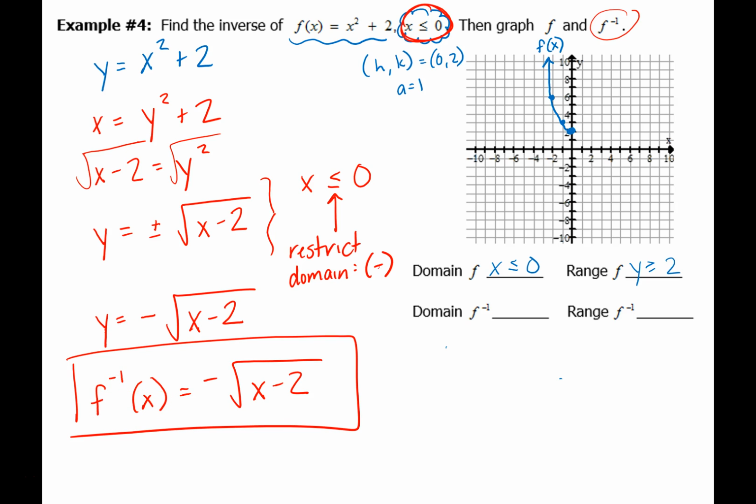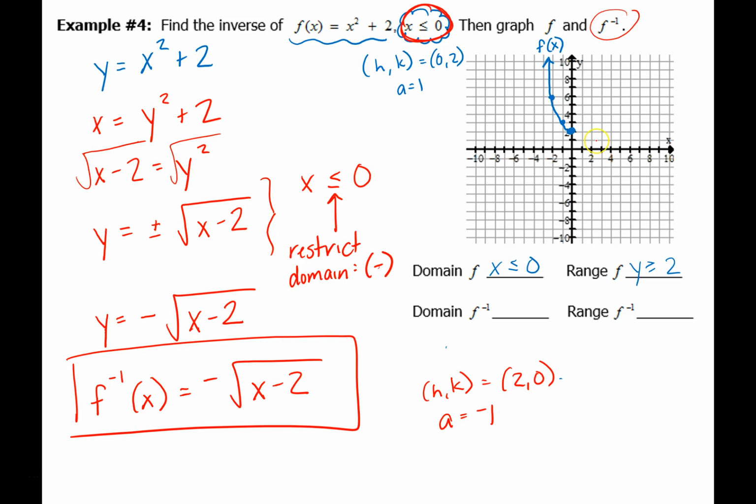So let's think about this now. This is a square root function where h, k is at 2, 0, and the a value is -1, which means it's going to flip over to be the bottom side.